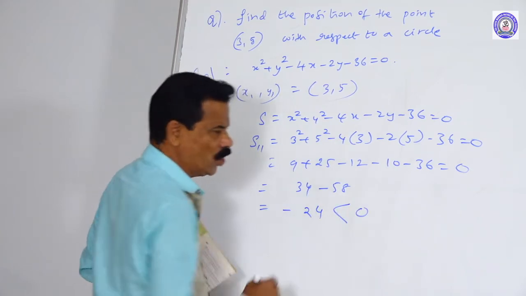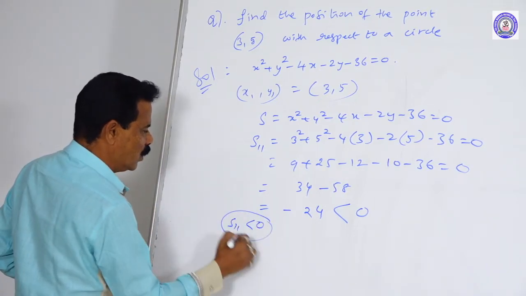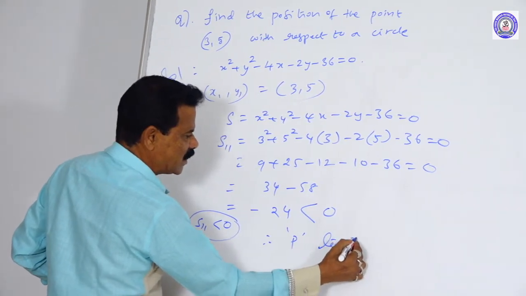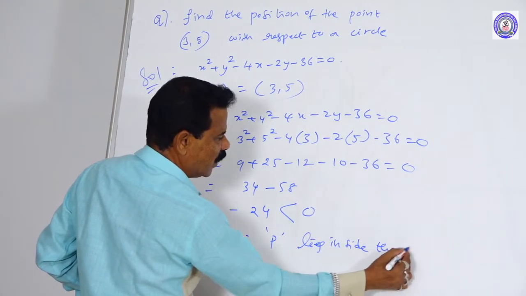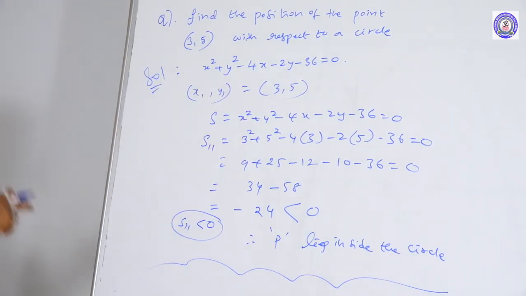This value is less than 0. S11 value is less than 0. Therefore, point P lies inside the circle. Inside the circle, it's enough. We check only S11.